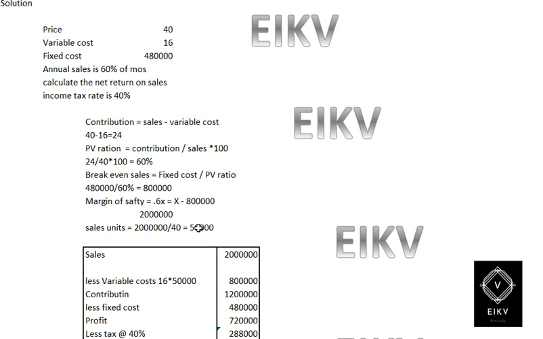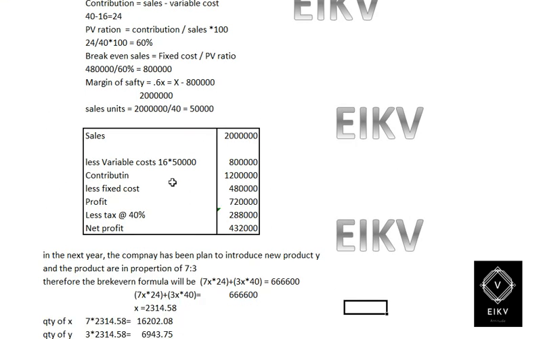So sales is 20 lakh. After that we can compute the sales units as 20 lakh divided by 40, which is the sales price, which will give you a sales quantity of 50,000. Then we can compute the profit: sales gives 20 lakhs and the variable cost will be 16 into 50,000, which is 8 lakh.